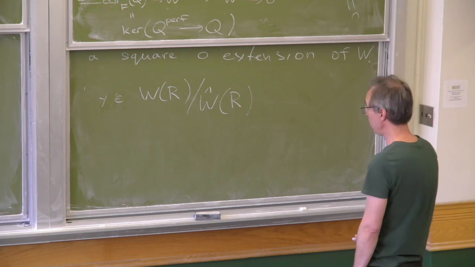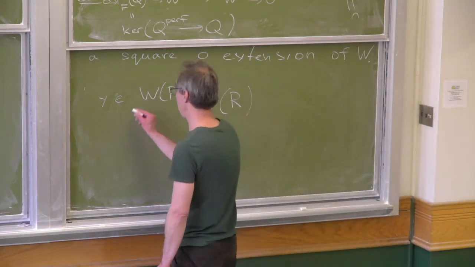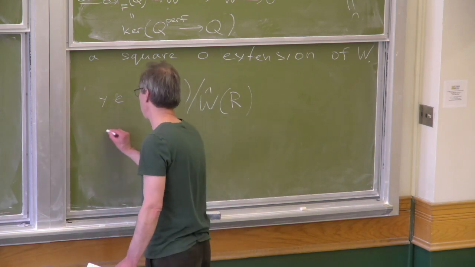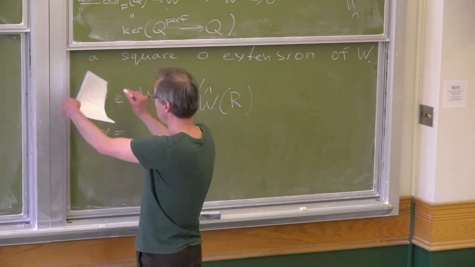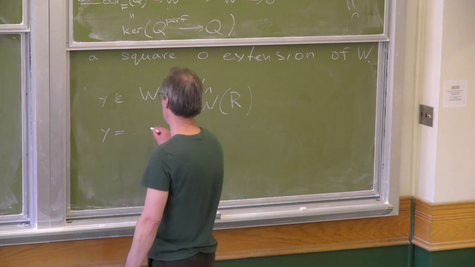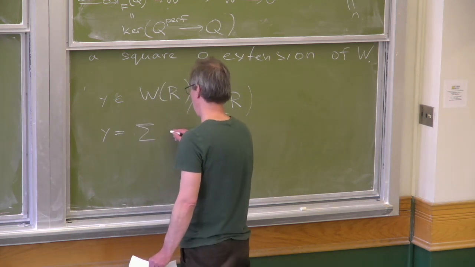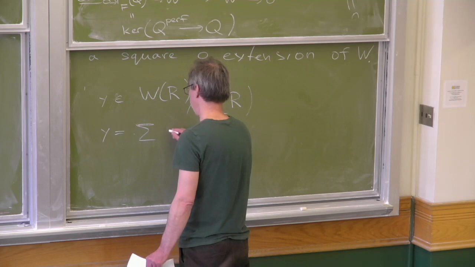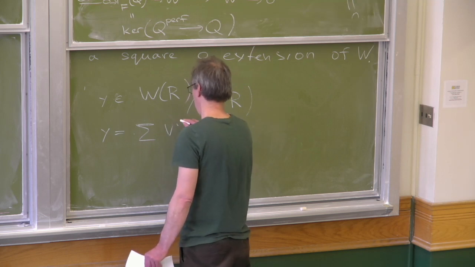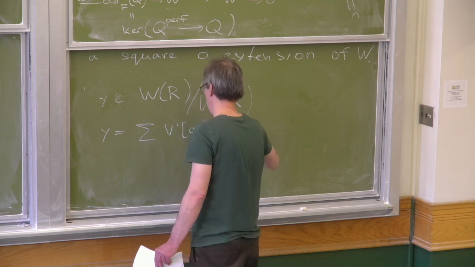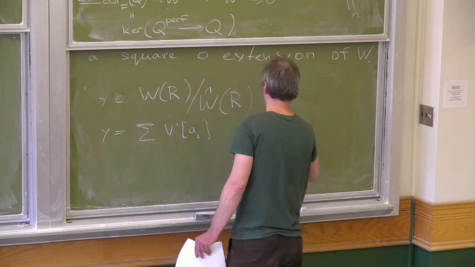So what does this condition mean? What does it mean that y is in Q infinity? It means that if I write it as a sum of a_i, then the a_i are nilpotent.